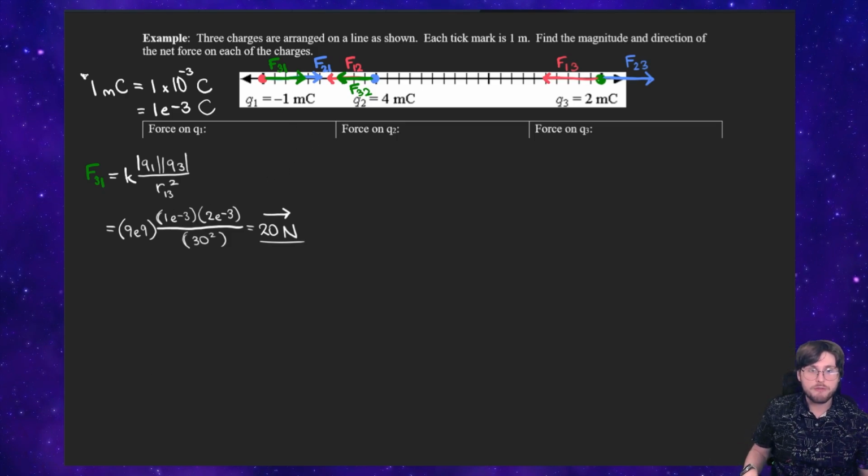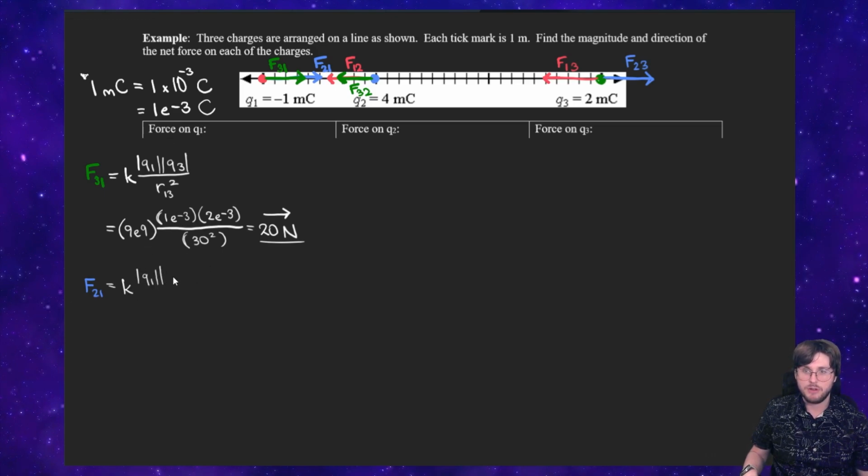Now we need to find the force from 2 on 1. So F21 is going to equal K times charge 1, which is Q1, times the absolute value of charge 2, divided by the distance between 1 and 2 squared. Now again, plug in some numbers here.